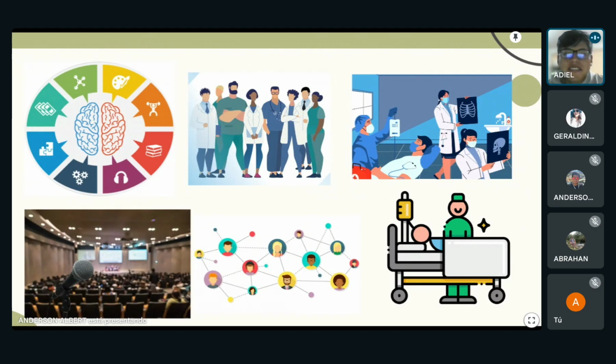In addition, physicians have access to a wide range of specialties, allowing them to choose a path that aligns with their interests and skills, thus increasing their job satisfaction.